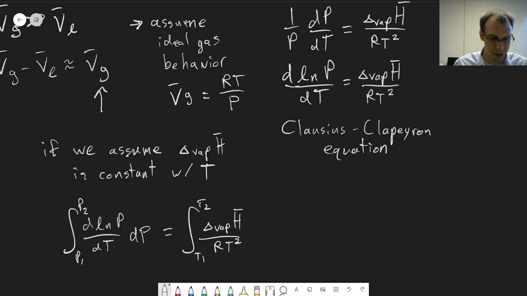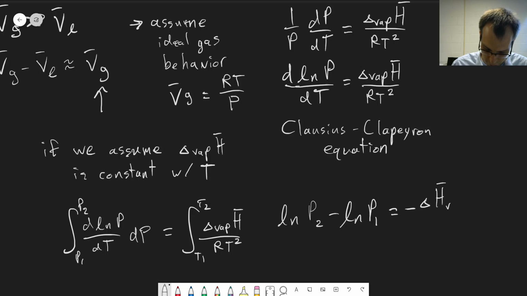Okay, so on the left, we're going to get ln P2 minus ln P1, because we're integrating the derivative of the log, so we get the natural log back. And that'll be equal to the negative delta H bar of vaporization over R times 1 over T2 minus 1 over T1.